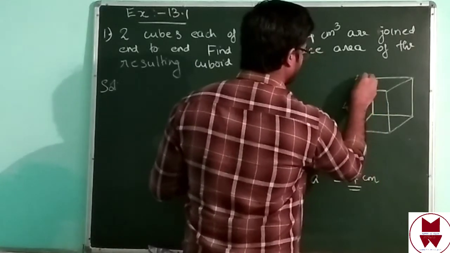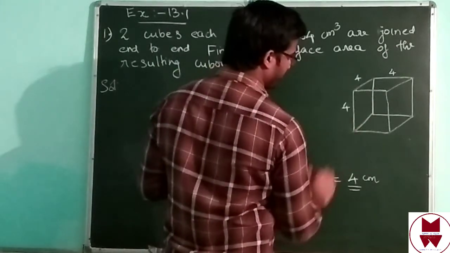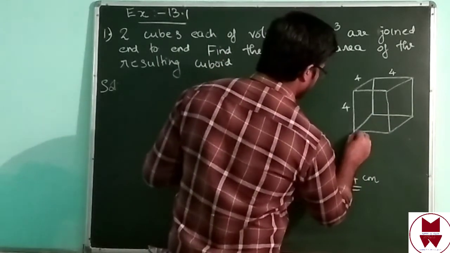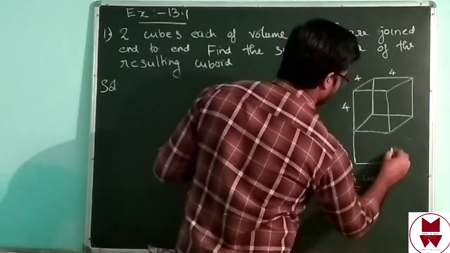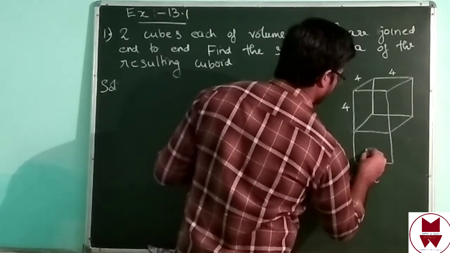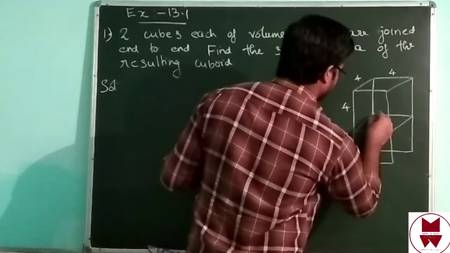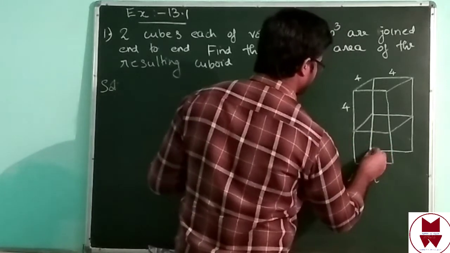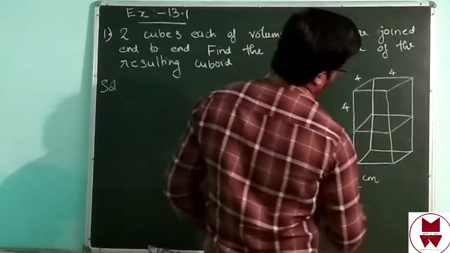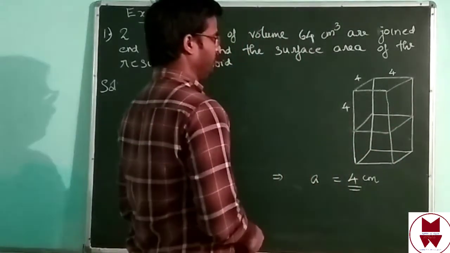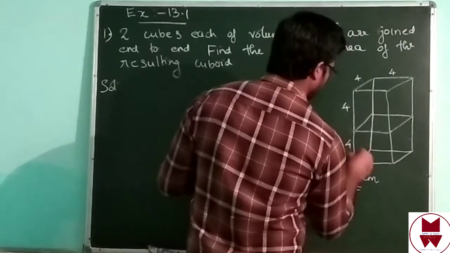All sides are equal, 4. This one also 4. Then again one more figure we need, one more cube we have to join with the previous cube. We can draw that also. Almost like this you will get. Then it's also 4.